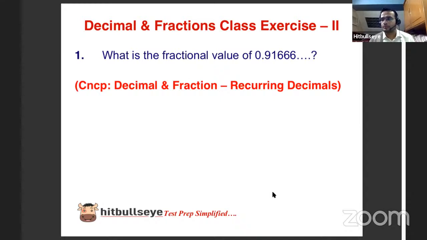Last 10 seconds. You just see what is repeating, what is non-repeating. Last 5 seconds. Let's go to the next one.